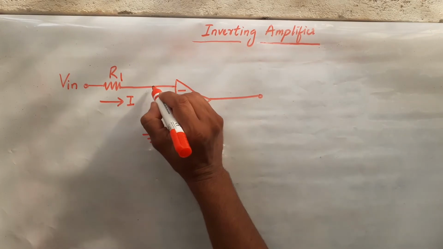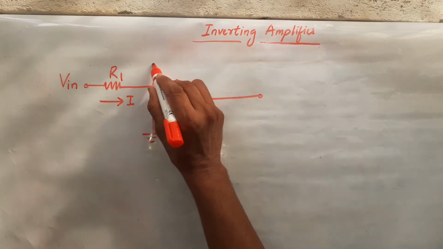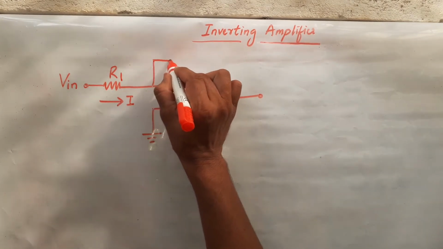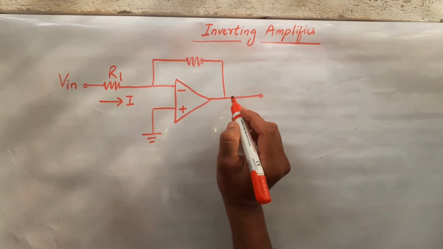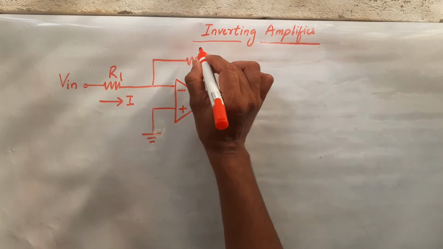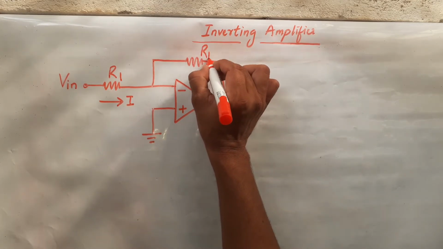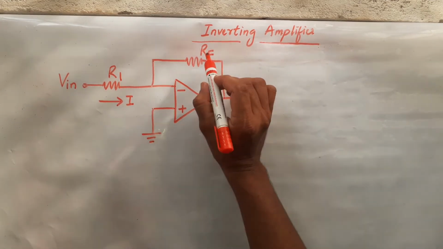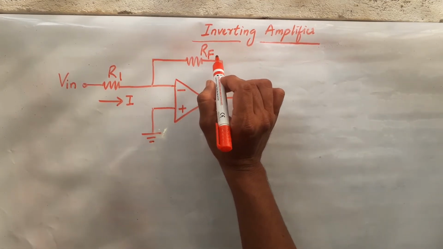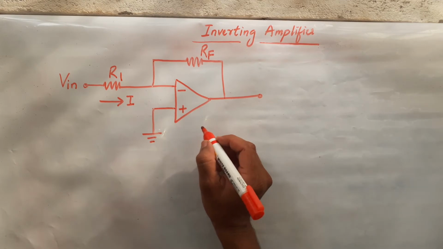Now there is one feedback resistor, we call it as RF. F stands for feedback, feedback resistance.